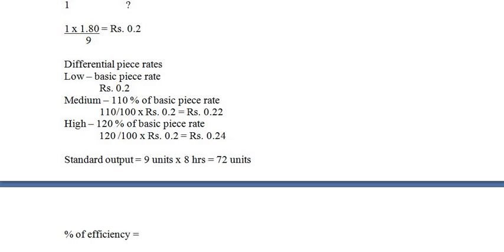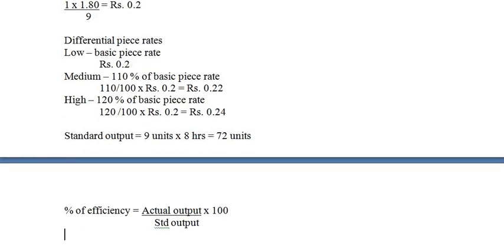Percentage of efficiency is equal to, formula is actual output divided by standard output into 100.